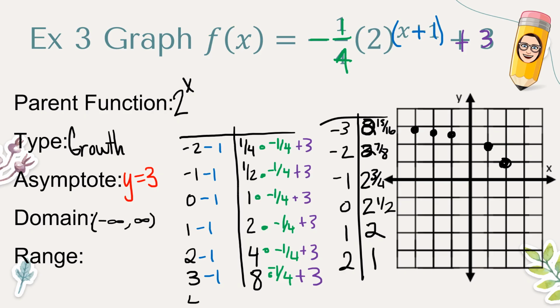I'm just throwing it out there. You don't have to draw this, but you could go one more. 2 to the fourth would be 16, right? Maybe this gives you more understanding of the graph if you just go a couple more out. So that would be at 3. That makes sense. 16 divided by 4 is 4. Throw a negative. Negative 4 plus 3 is negative 1. 3, negative 1.